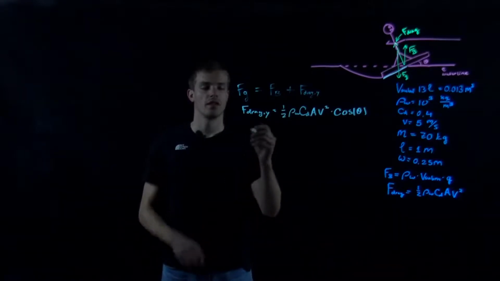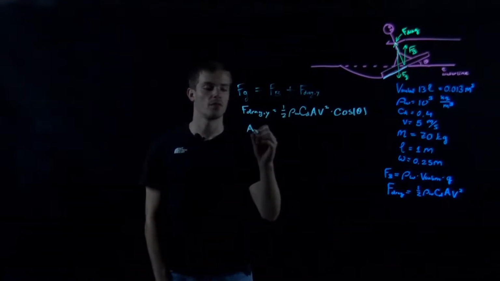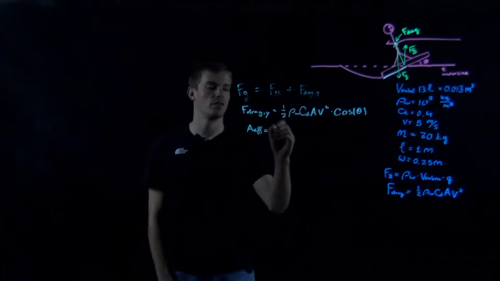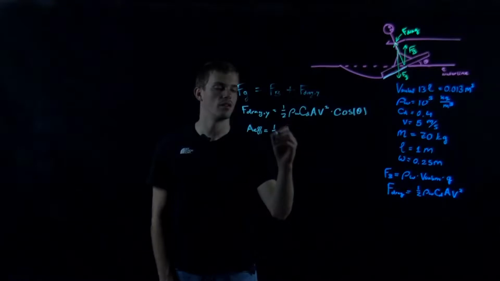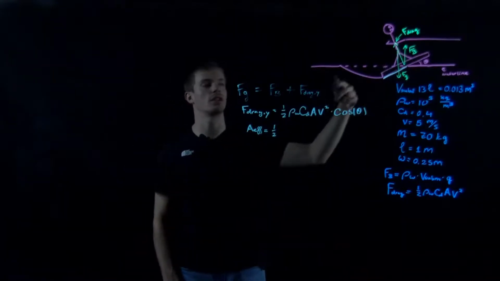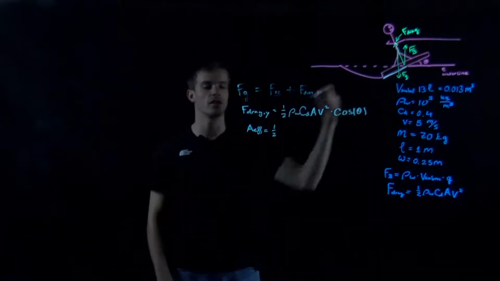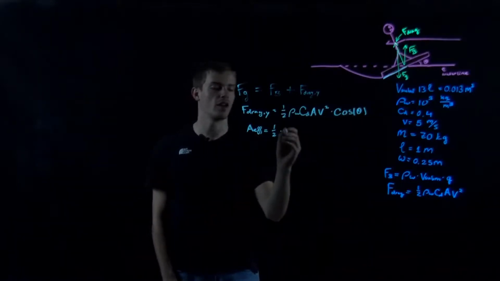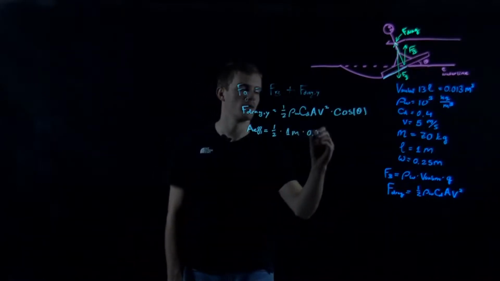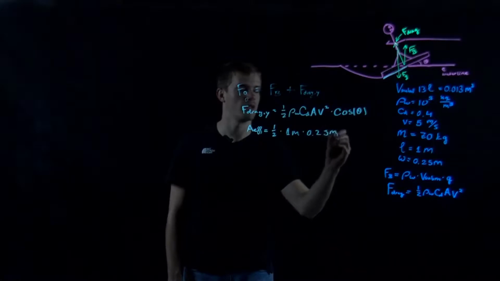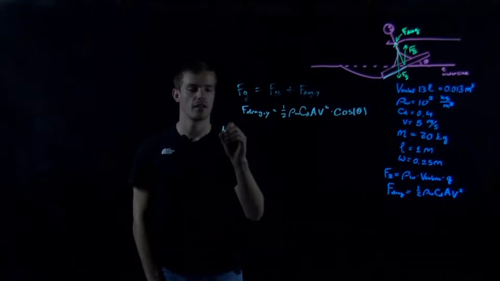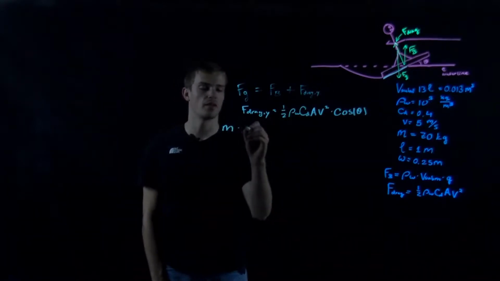So the effective area is equal to a half, because we can say that half of the wakeboard is underwater and almost half of the wakeboard is above water. So it is a half times 1 meter times 0.25 meters.